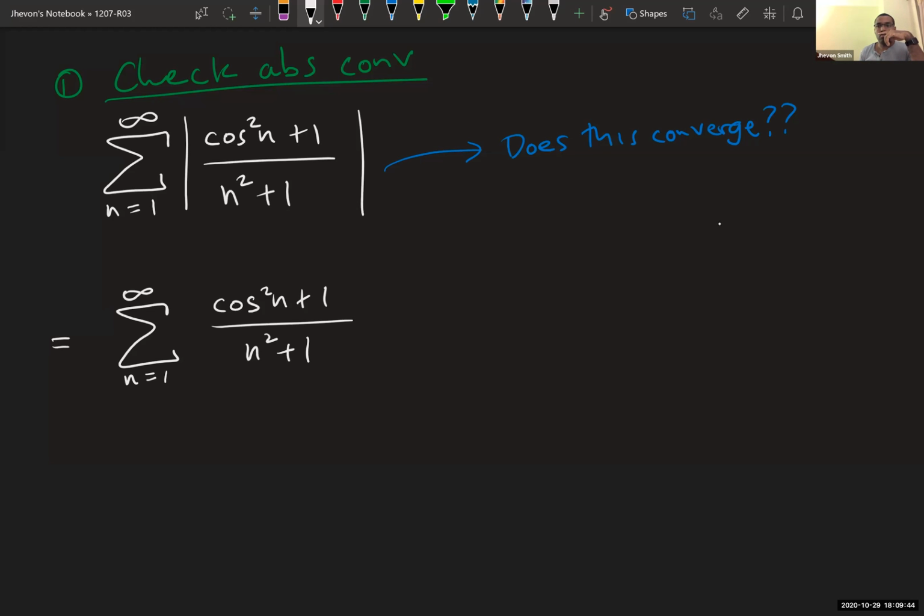Did you try the ratio test? And see if you can get the cosines to cancel at any point? You would get, yeah, well, the plus 1. And also, you don't really know how a cosine squared of n plus 1 would behave in relation to a cosine squared n.